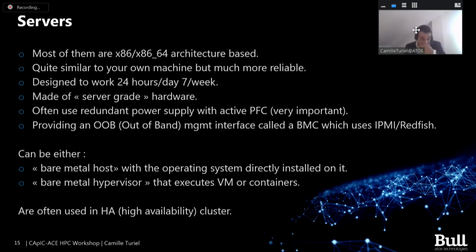So just a last word regarding servers. A server can designate a physical host, what we call a bare metal host, with an operating system directly installed on it, such as your computer, for instance.